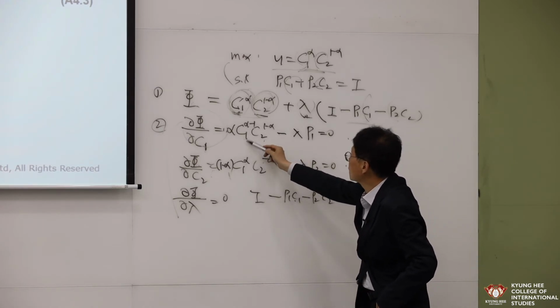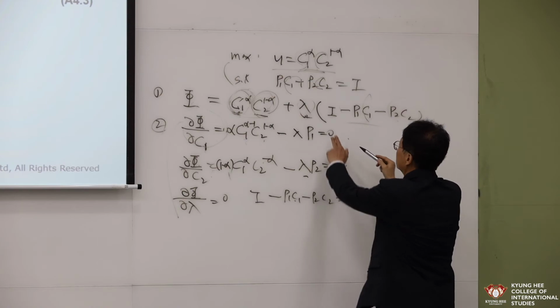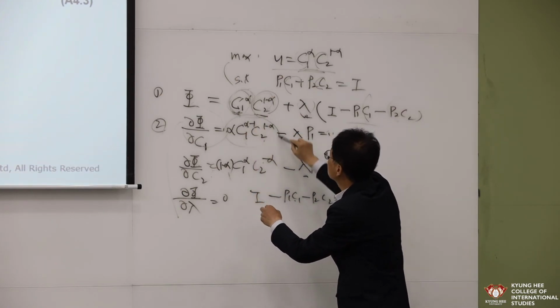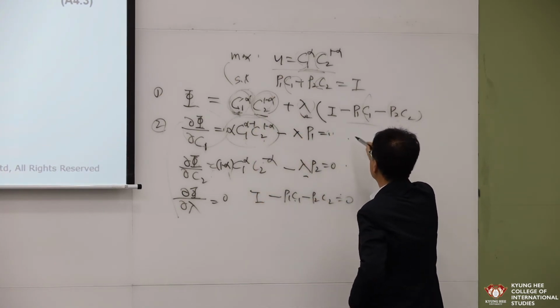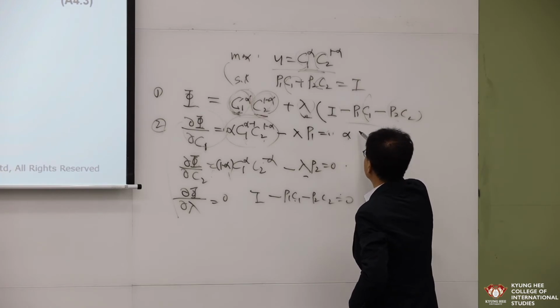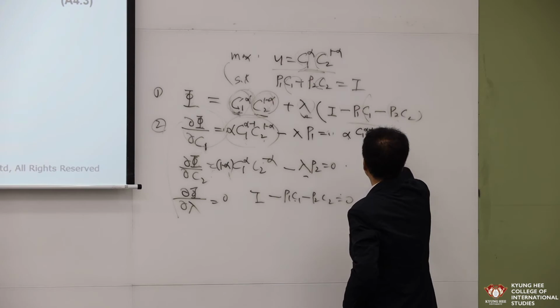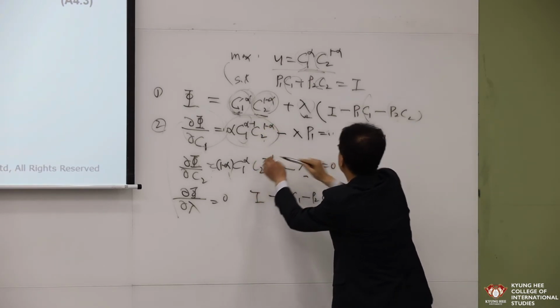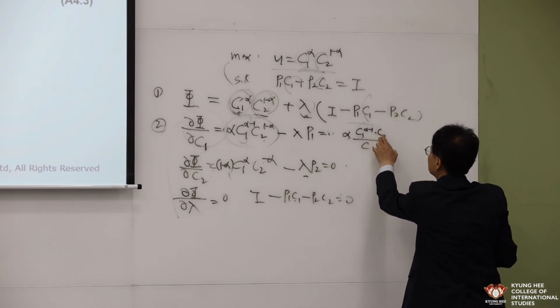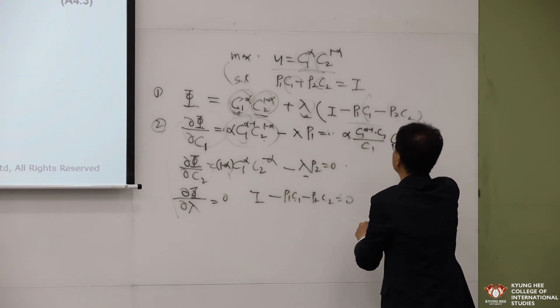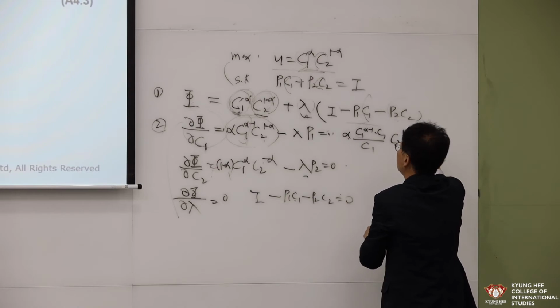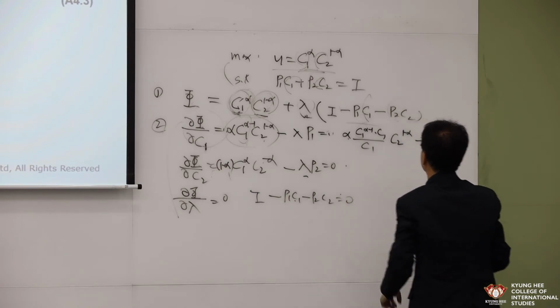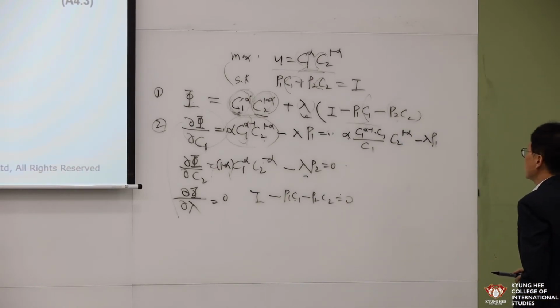Rewriting this, we can write alpha C1 alpha minus 1, multiplied by C1 divided by C1, and C2 1 minus alpha, minus lambda P1. Okay?